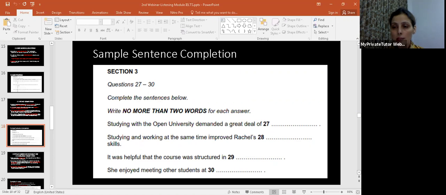Is this right? Is the recording talking about some competition or something tough? You're going to use the same thing. Studying and working at the same time improves Rachel's dash skills. Whatever is in the recording, you're going to choose a paraphrased word which depicts the same meaning as the recording. So in this form, sentence completion is going to be in front of you.